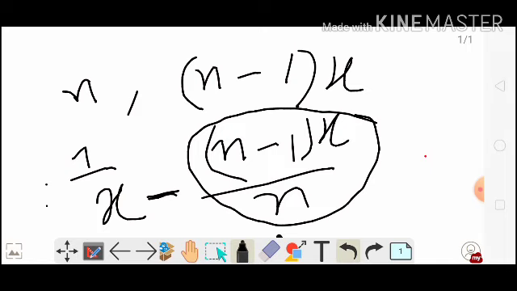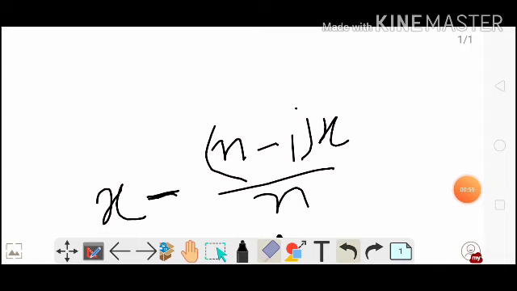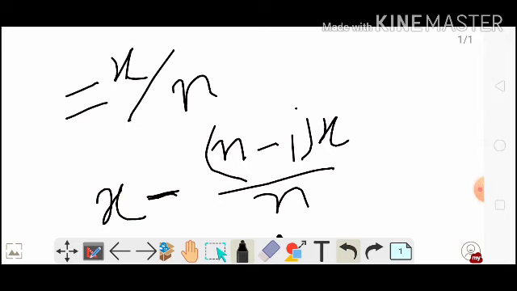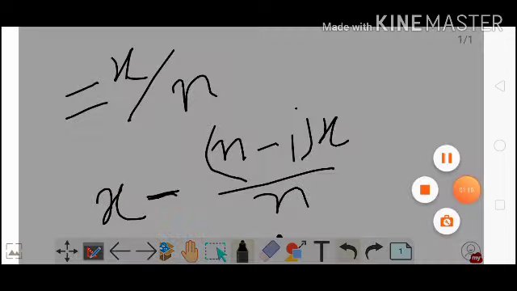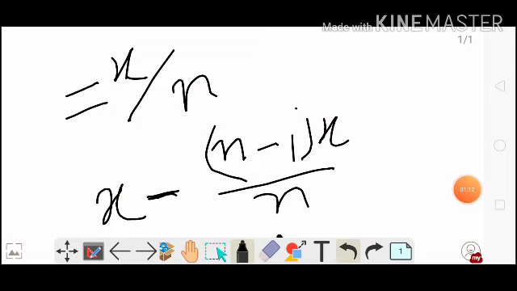Okay, and this gives me the result x divided by n. So what was n? N was the total number of vernier divisions, and x was the main scale division.